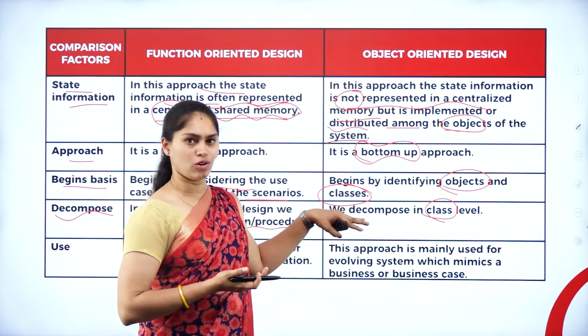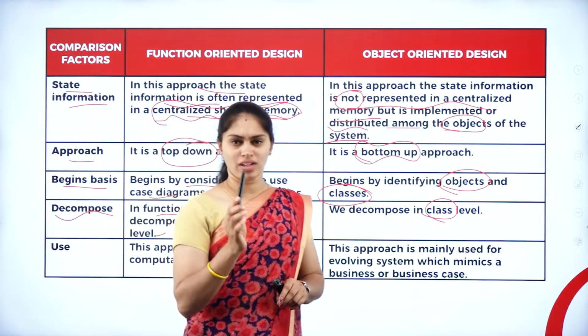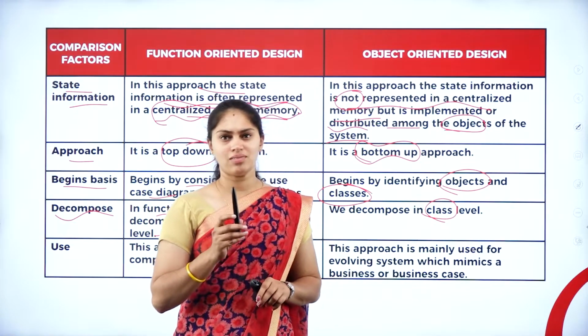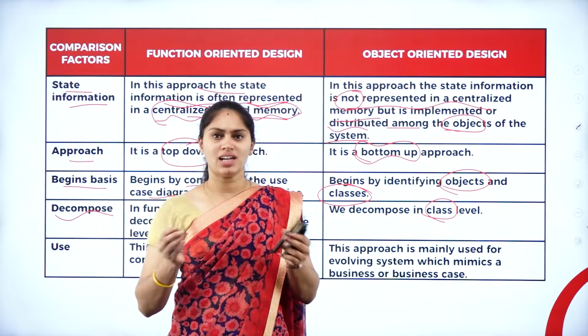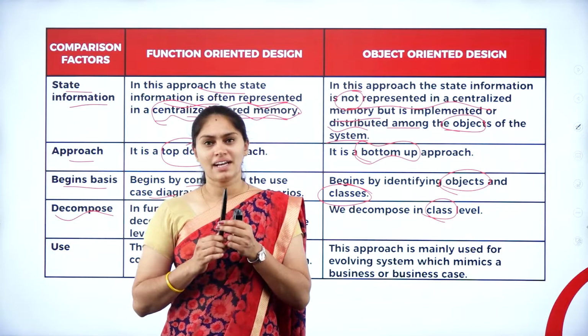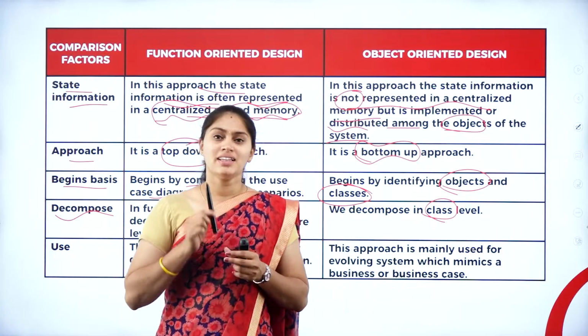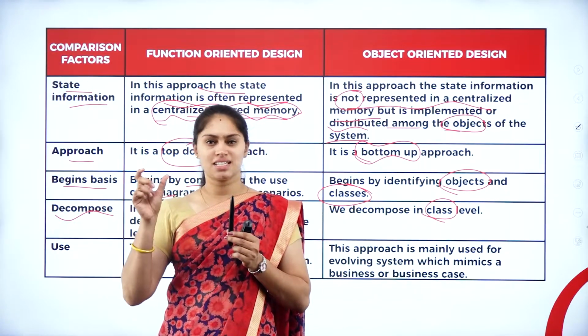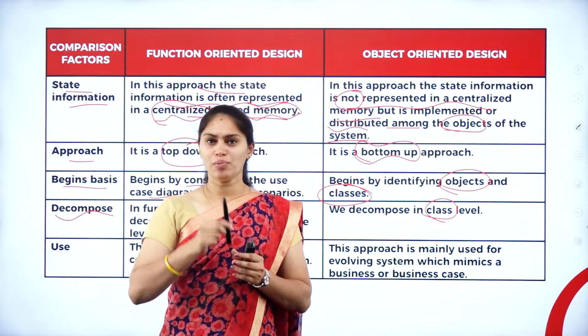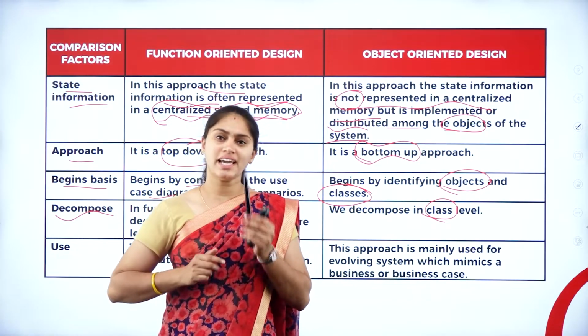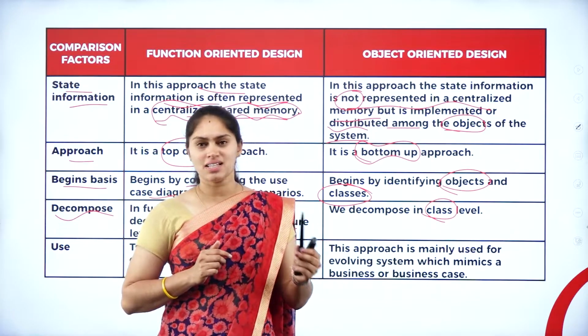For example, if I consider this real world entity as one object, and I have 10 of this same pen, then if I consider all together, I can consider that as a digital pen class. If you pick any pen out of that, each pen will represent an object.